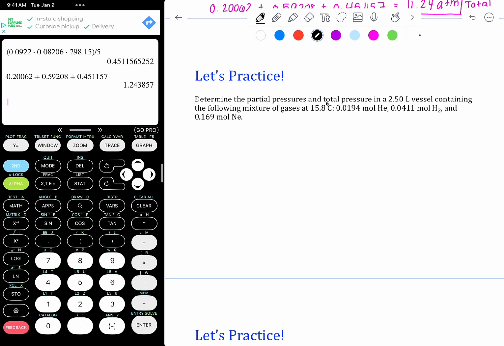So this is very similar to our previous problem, so let's get our R up there for you to have, 0.08206 liters atm per mole Kelvin. So what I want you to do now is pause this video and try this problem independently to find both the partial pressures and the total pressure of this sample of gas.